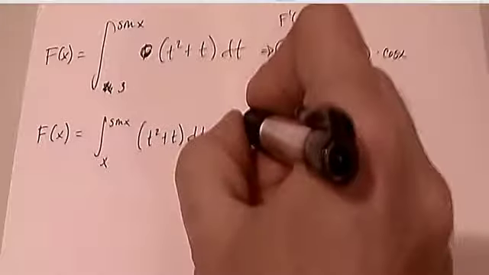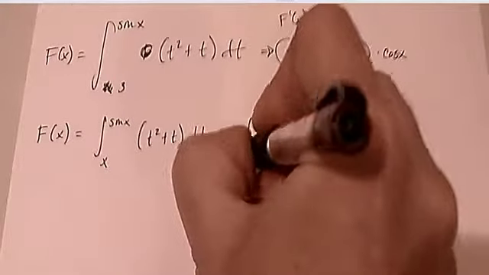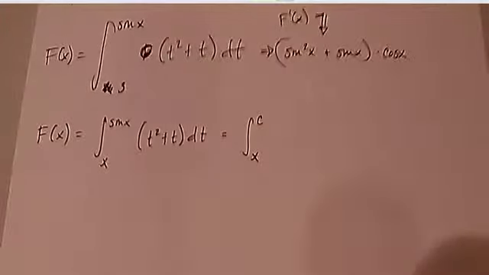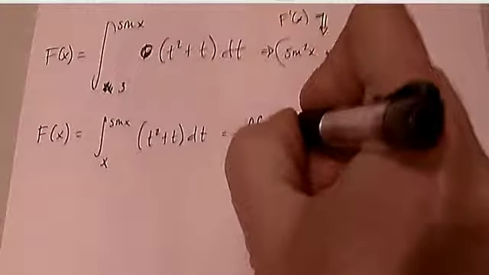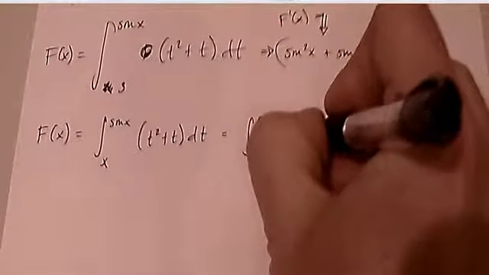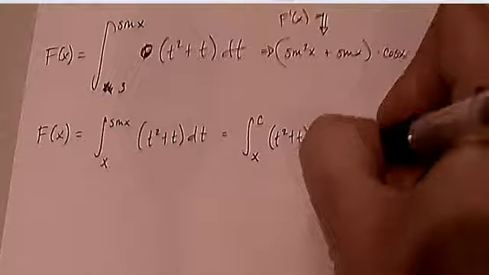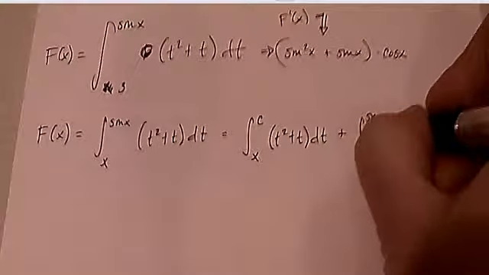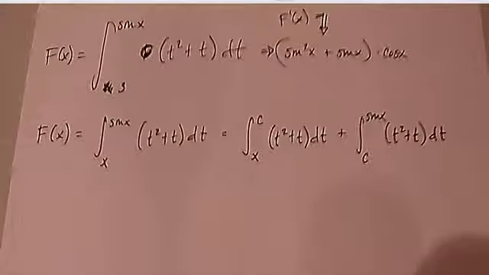And that constant between them we'll call a, or we'll call it c. Yeah, we'll call it c. It doesn't really matter what you call it. You can call it k, you can call it whatever you want. The integral from x to c of t squared plus t dt plus the integral from c to sine x of t squared plus t dt.